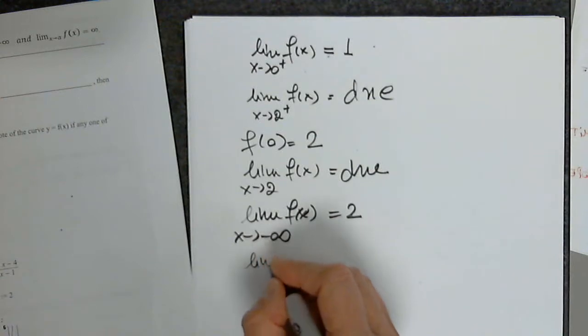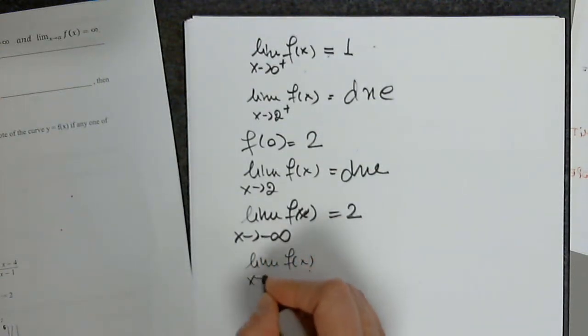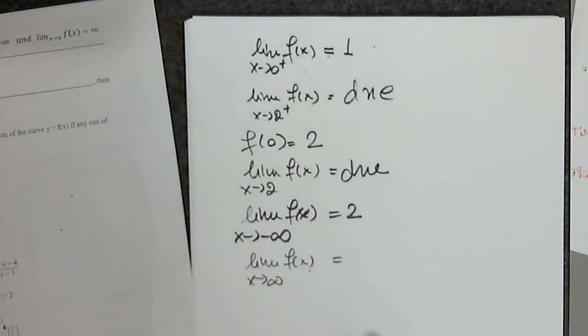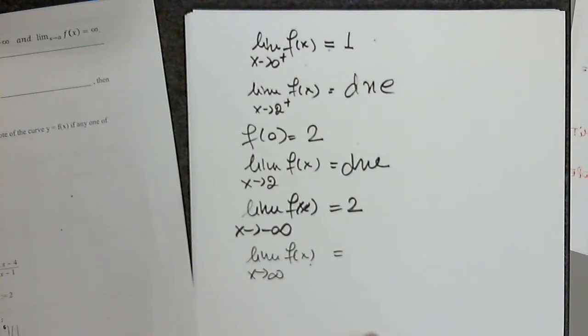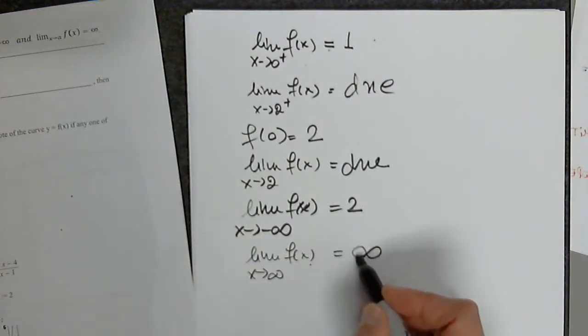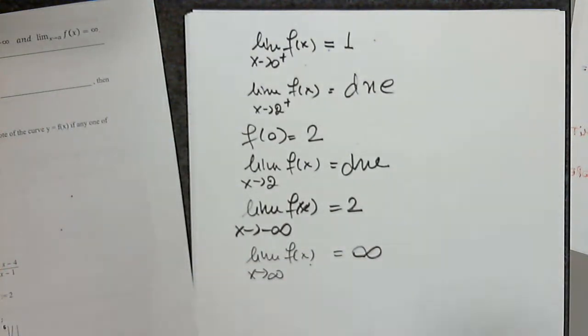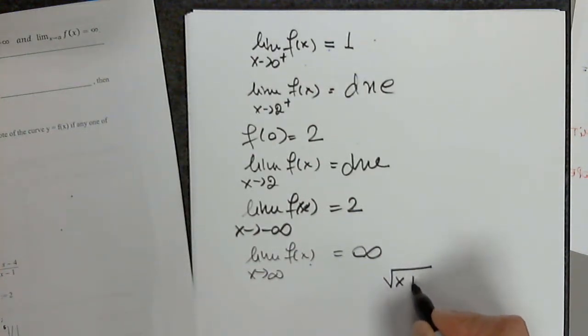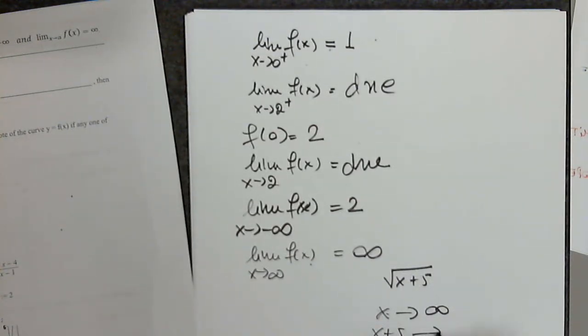Limit of f of x as x approaches infinity. That is infinity indeed. Right? Let me explain why. So the function to the right is the square root of x plus 5. As x approaches infinity, what will x plus 5 approach?